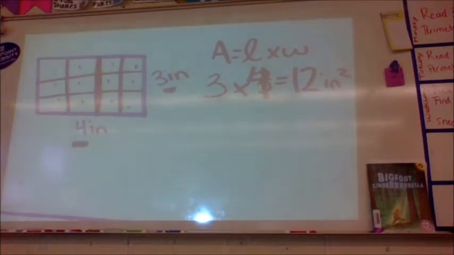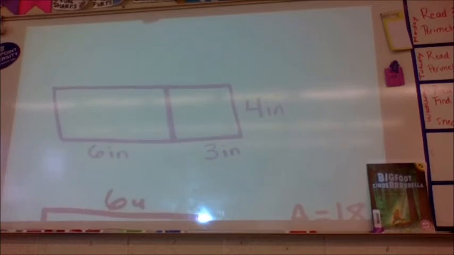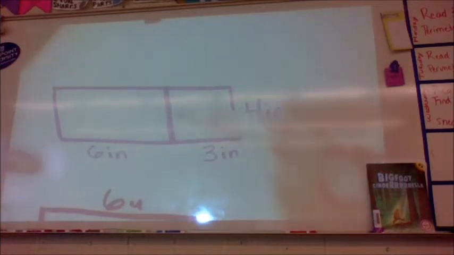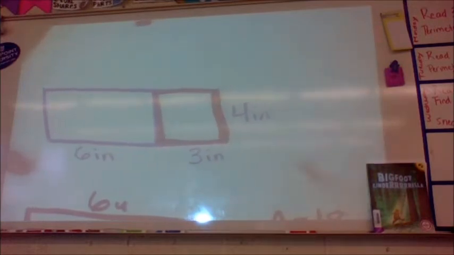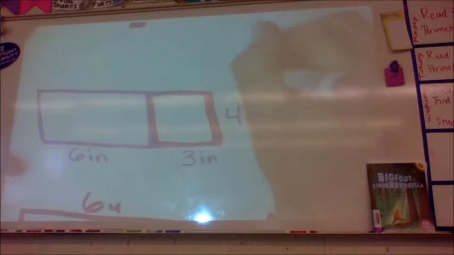The first one we're going to look at is when we're given a shape that's still regular, but it looks like it's more than one shape. So what a student needs to do here, they have 2 different options actually. They can think about this as 2 different shapes. So they have one that would have an area of 4 times 3, which would be 12 inches squared.